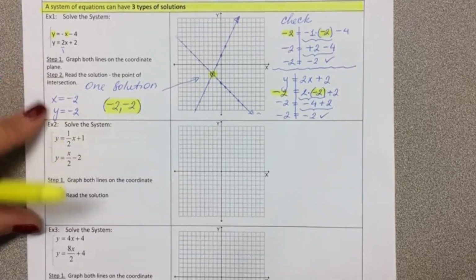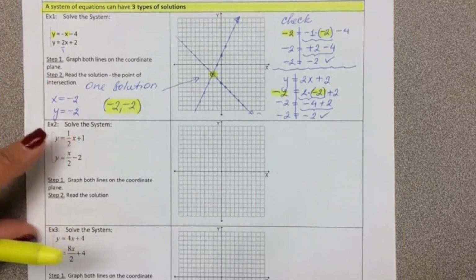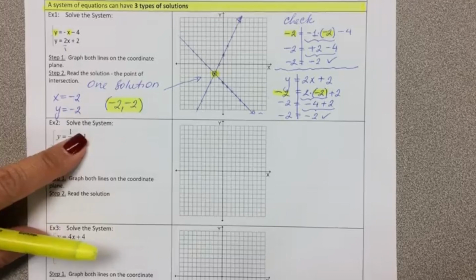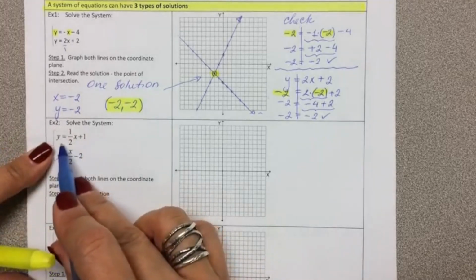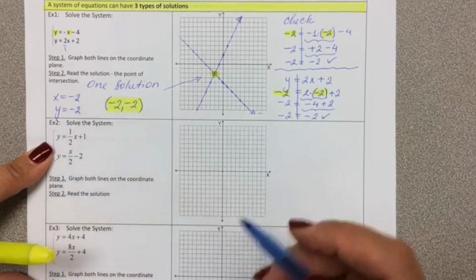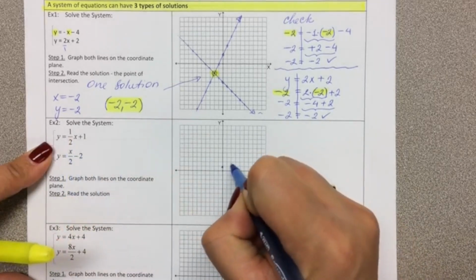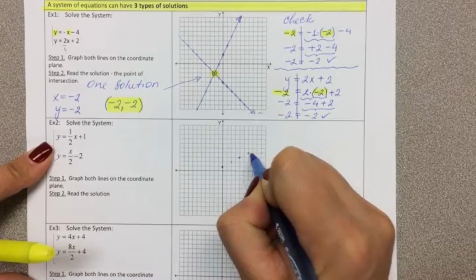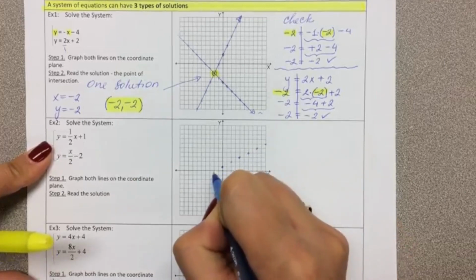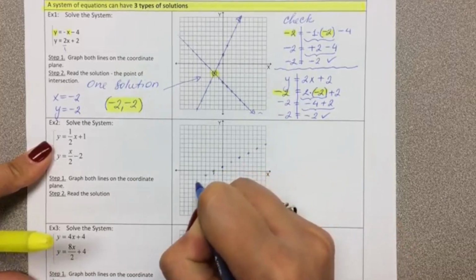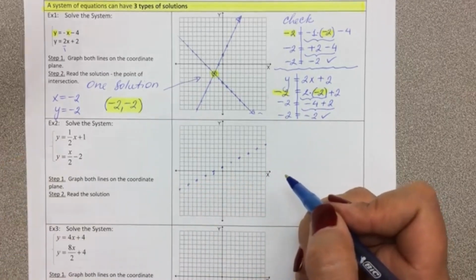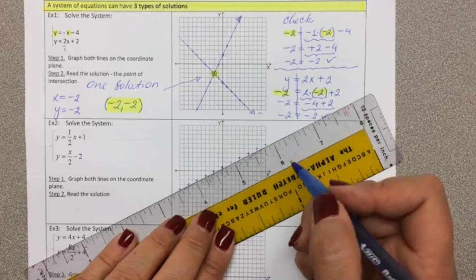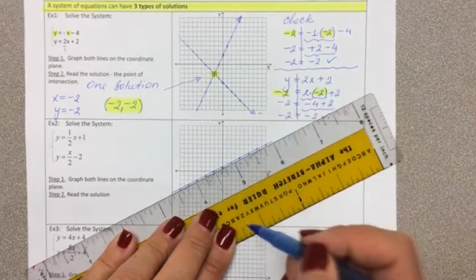The second type of solution: if we have a line with the slope half x through 1, so slope half upward, positive, through 1, and then in the second line we have the slope again half.